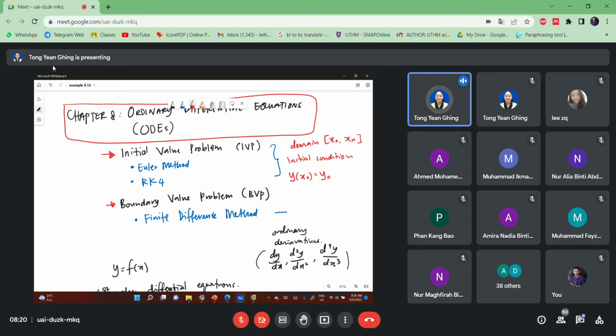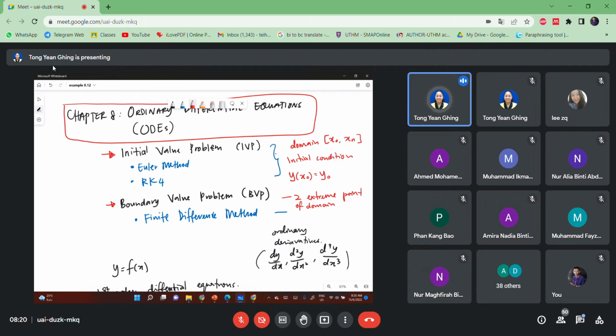For the boundary value problems, the values of the functions are given at the two extreme points of the domain. That means the boundaries, the first one and the last one.